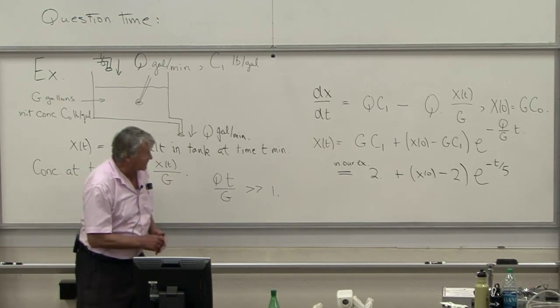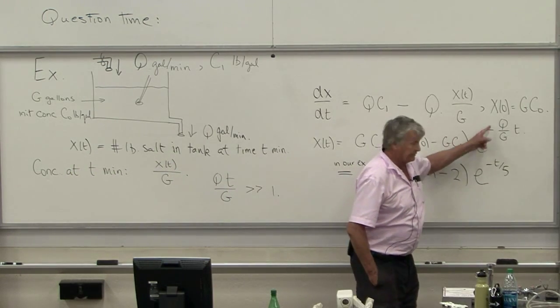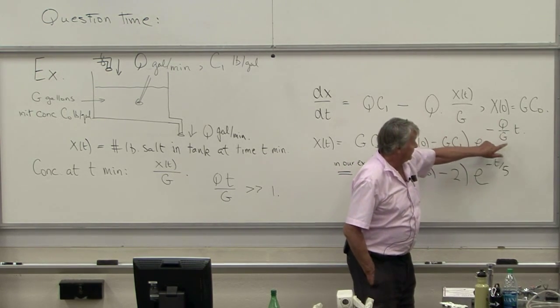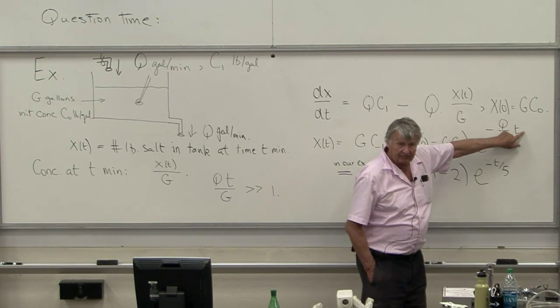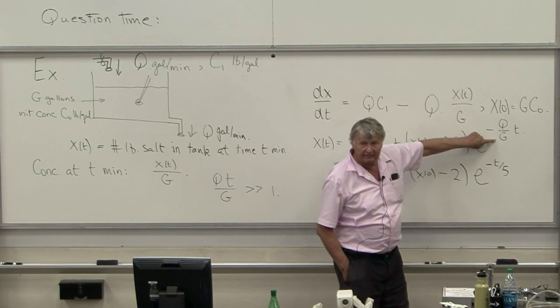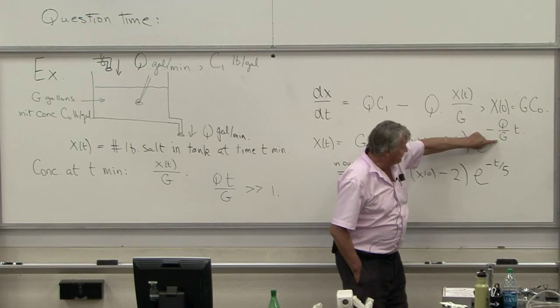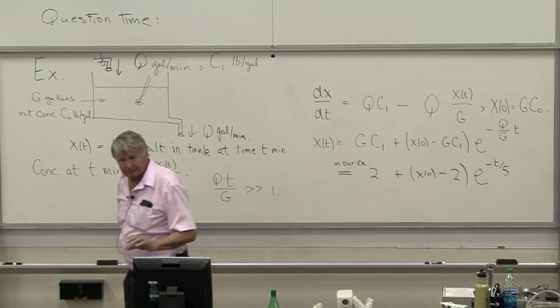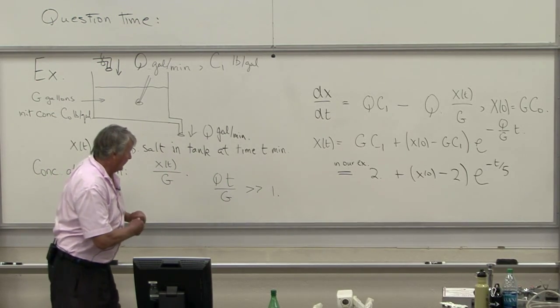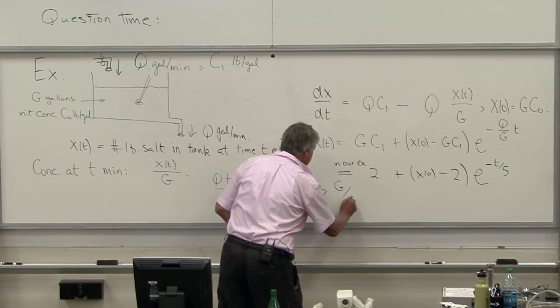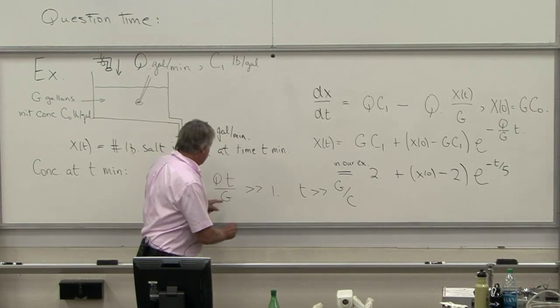Well, this is a pure number. It has to be a pure number because, to have our units correct in the problem, this should be unitless. This is minutes, this is gallons per minute, and this is gallons. So gallons per minute divided by gallons multiplied by minutes is dimensionless. So the natural time scale is that you want t larger than g over q.